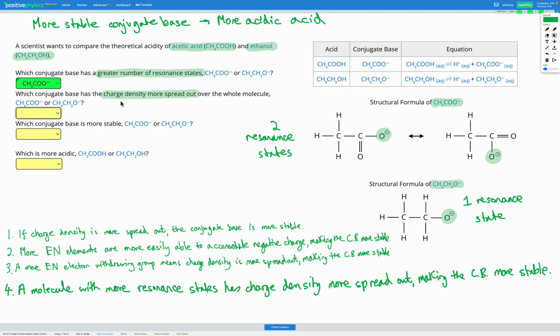So we decided the compound which has a more spread out charge density is the one that has a greater number of resonance states, which is CH3COO-, which means that conjugate base is more stable because the charge is more spread out. So finally, which is more acidic? It's CH3COOH, because it has the more stable conjugate base, and a more stable conjugate base means a more acidic acid.